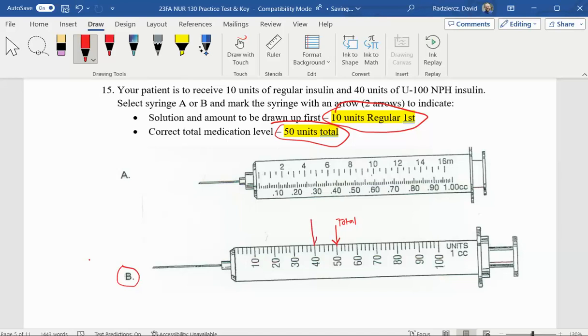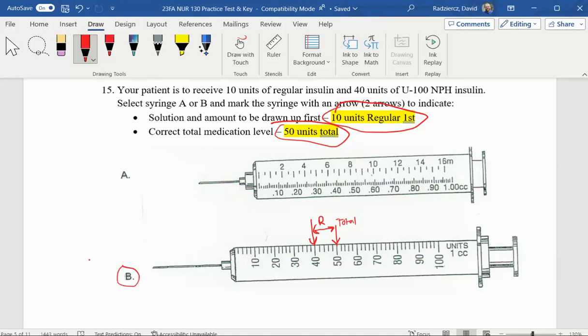So your regular insulin is actually in between these two points, the hypothetical location of the regular insulin. Now, I don't know if you've done this in clinicals yet, or practiced drawing this, but all of it mixes together.